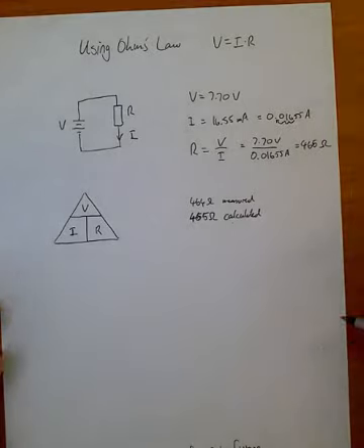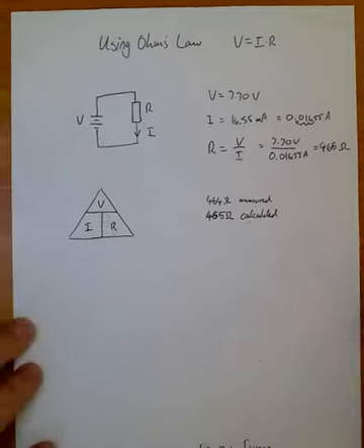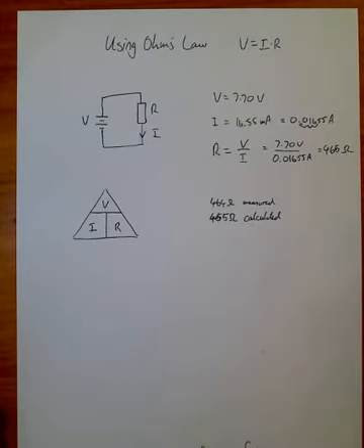So those are the ways that we can use Ohm's law. If I have another circuit where I know the resistance and I know the voltage, I can calculate the current. Now this is quite valuable because if you recall, in order to measure the current in our circuit, we needed to break the circuit and insert our multimeter. That's not always possible, especially for circuits that have been built.